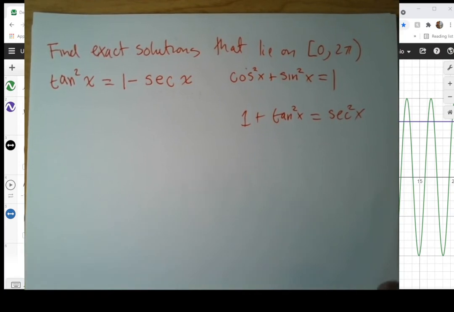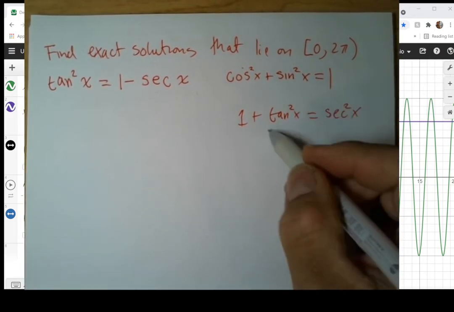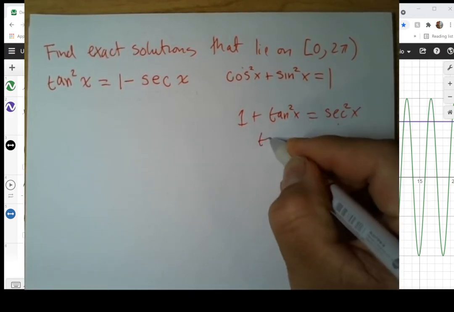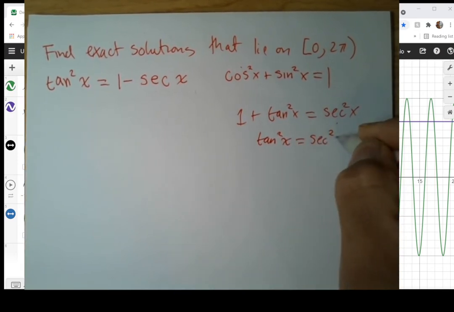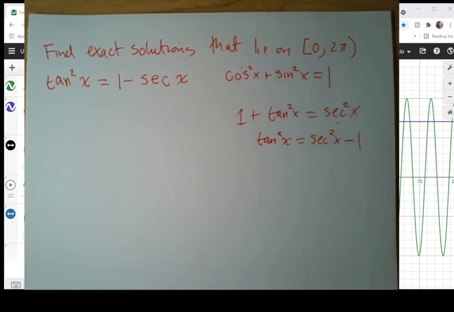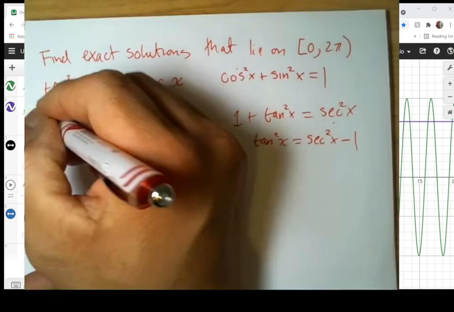Now one of them is squared and one of them is to the first power, but that's okay. I've eliminated having different trig functions. So if this is true, what also must be true is that tangent squared of x equals secant squared x minus 1. And now I'll substitute.